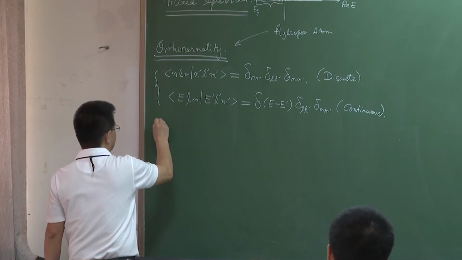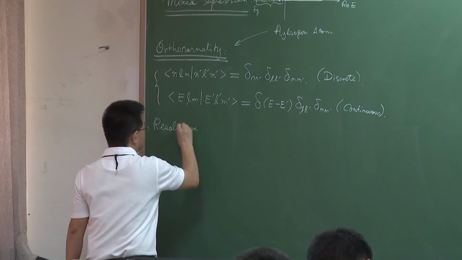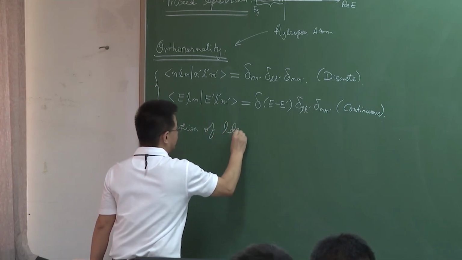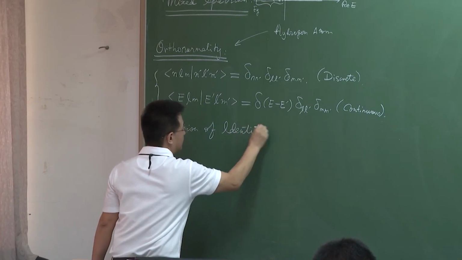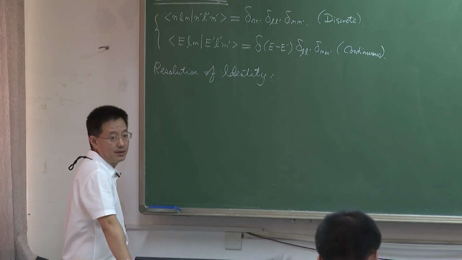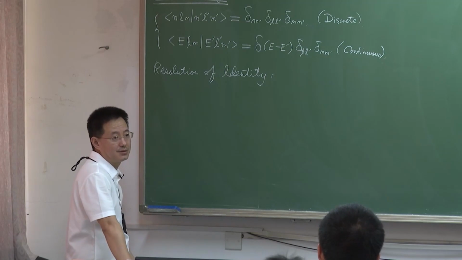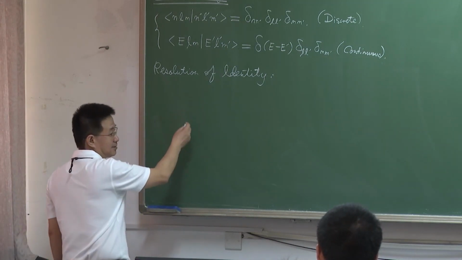And also for the resolution of identity, what's that? The resolution of identity, you have the discrete and continuous together. What is the discrete?